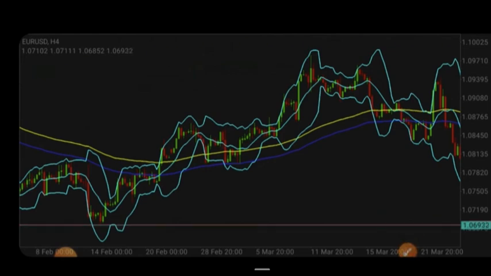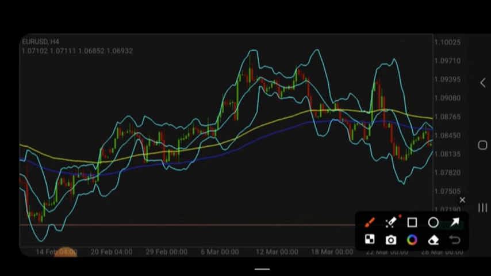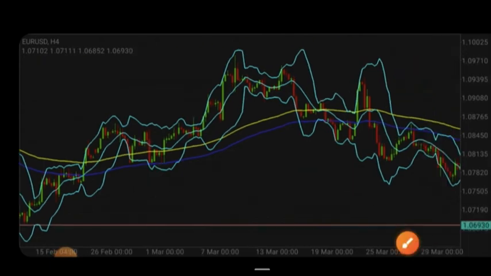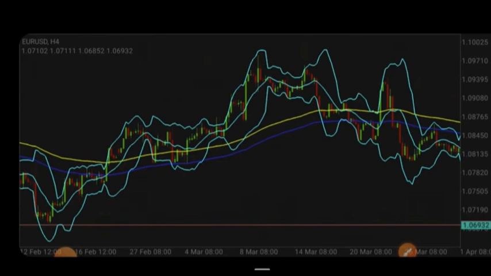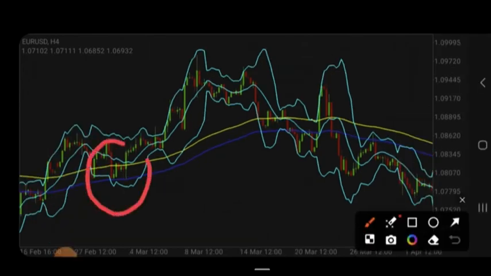You're going to open a buy position when the market is in an uptrend, and the price is right above the low moving average, and then the price comes and touches the lower line of the Bollinger Band. You wait for the second candlestick, or you wait for the market to revert and start going up, and that's when you're going to open a buy position.